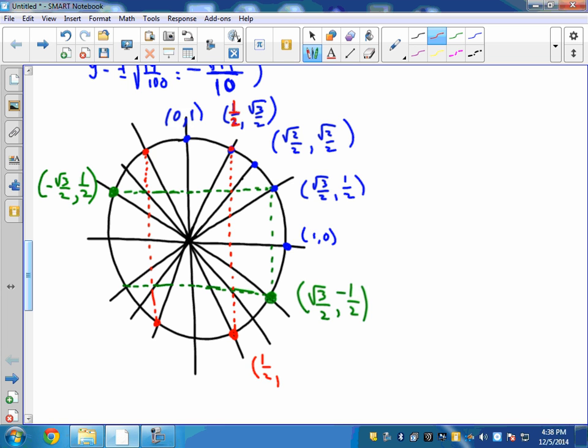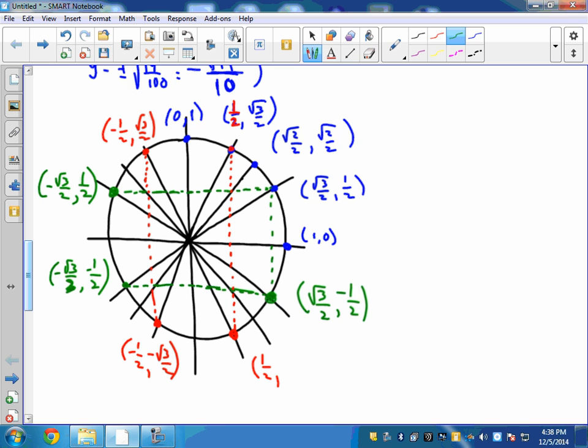This one, we have a negative 1/2 on the x, square root of 3 over 2 on the y. And down here, you would have negative 1/2 on the x and negative square root of 3 over 2. Let's go ahead and throw these guys in. This is going to be (negative square root of 3 over 2, negative 1/2).